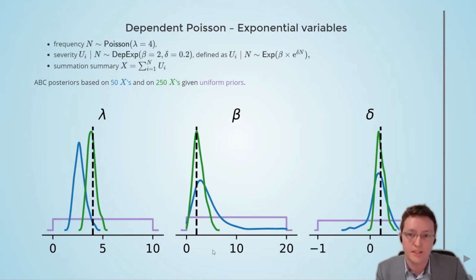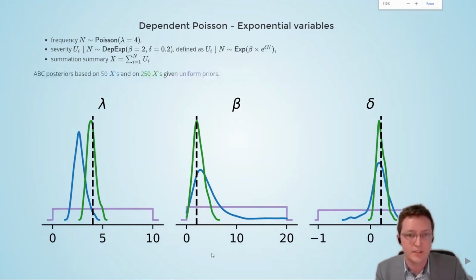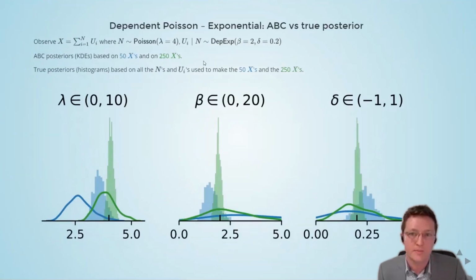This is an interesting case, in that having dependence means that we wouldn't have a likelihood in this situation, I don't think. And this is kind of a best case scenario of this working. Quickly compare it to the true posterior.